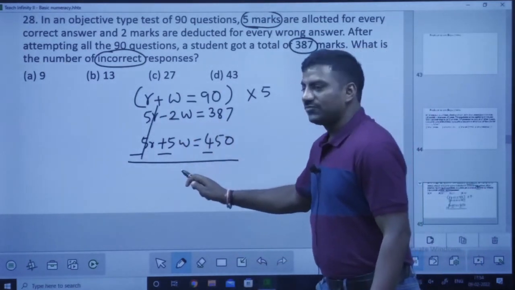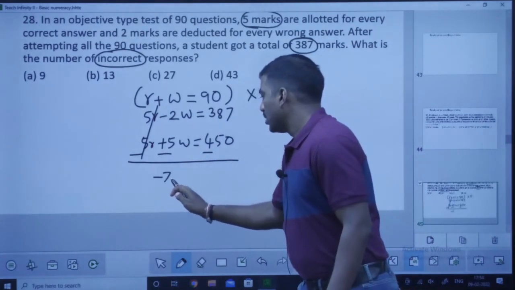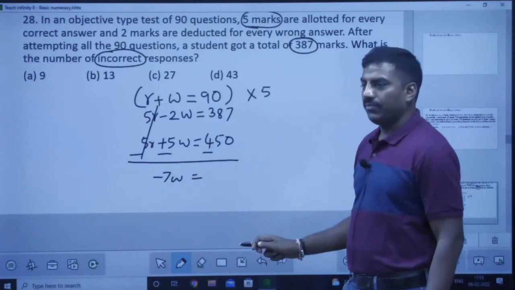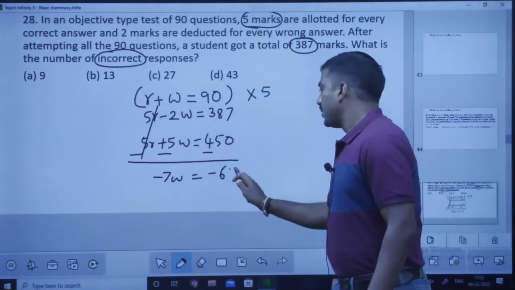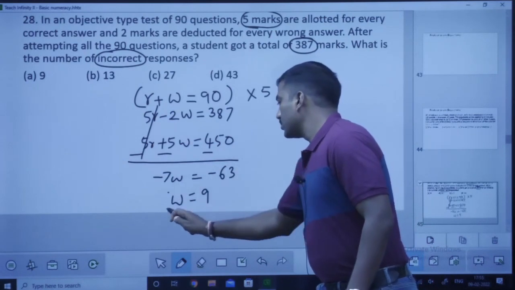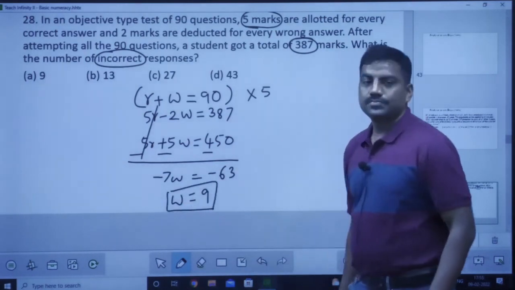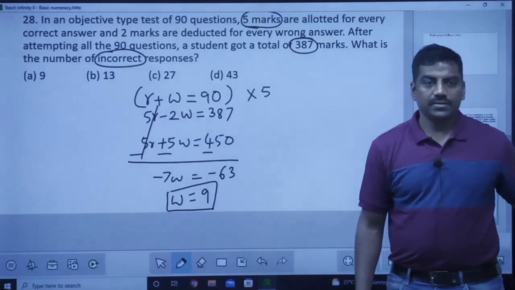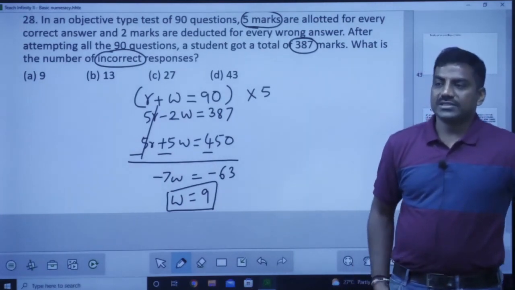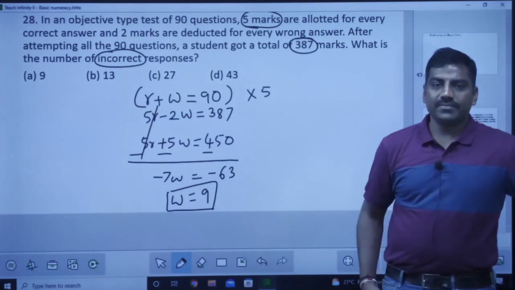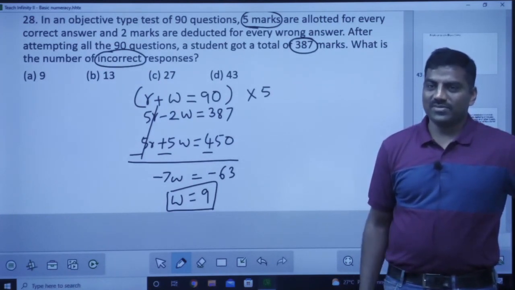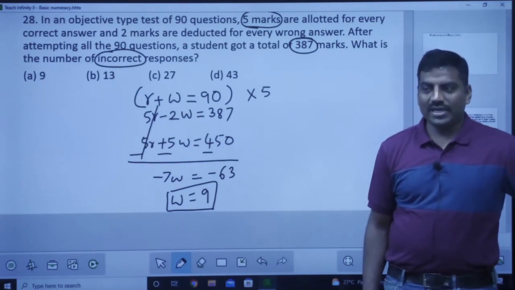Minus 2W minus 5W, minus 7W. 387 minus 450, minus 63. W is equal to? W is equal to 9. So that person has made 9 questions wrong. How many questions correct? That is not required for my curiosity. 81 correct and 9 wrong.